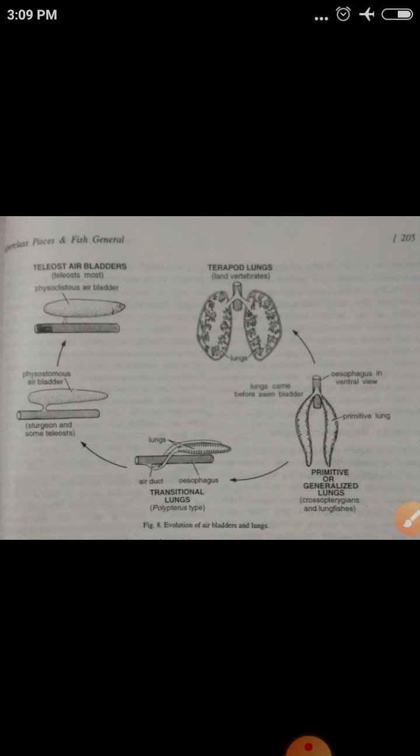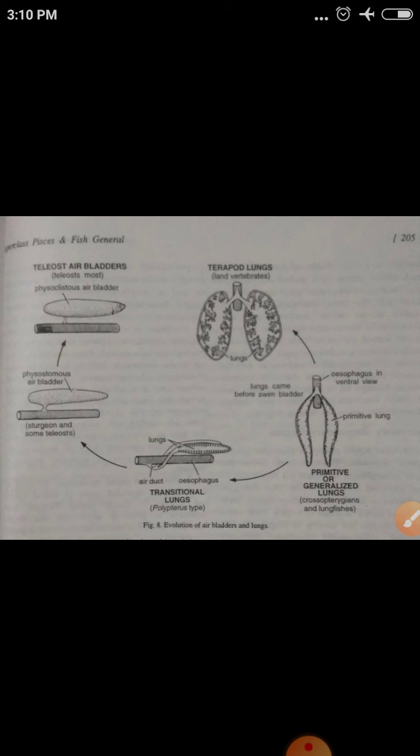Further, there are basic differences between the two. The lungs function primarily as respiratory organs, arise from the ventral pharyngeal wall and get blood supply from six aortic arches. On the other hand, swim bladders are primarily hydrostatic organs, arise from the dorsal or dorsolateral esophageal wall and get blood supply from the dorsal aorta. So, this is the phylogenetic relationship between the tetrapod lungs and the air bladder of fishes.